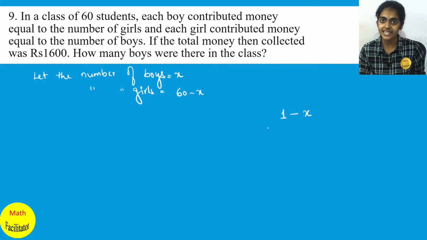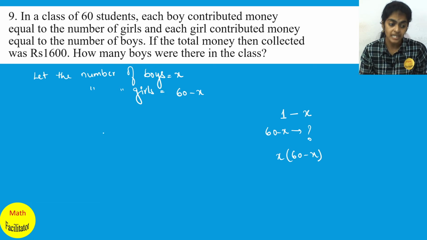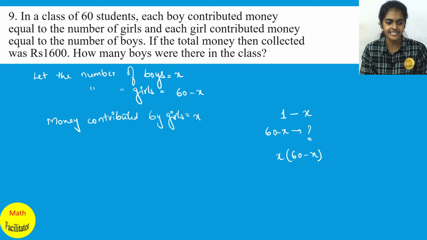So how many girls are there? You have 60 minus X girls. So how much money will they contribute? They will contribute X into 60 minus X amount. So the money contributed by girls is nothing but X into 60 minus X. Did you understand this?